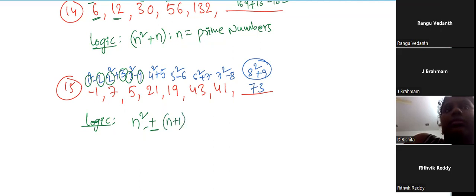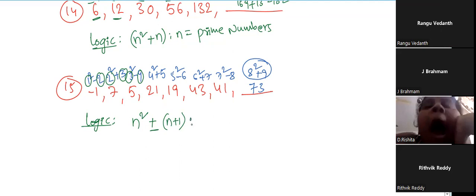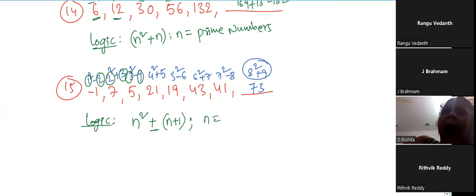One number more, n plus 1. So n square plus or minus (n plus 1) is the pattern, where n is what we have substituted. What is there in place of n? 1, 2, 3, 4, 5, 6. Consecutive natural numbers, correct.